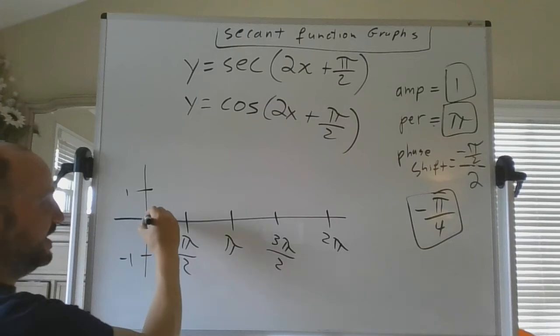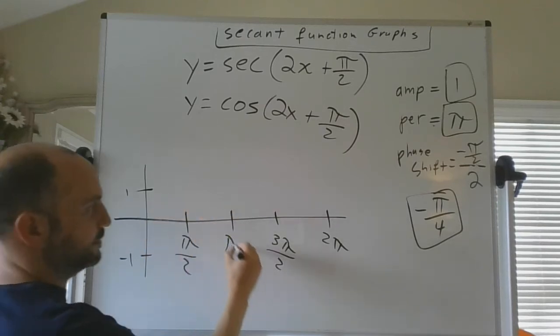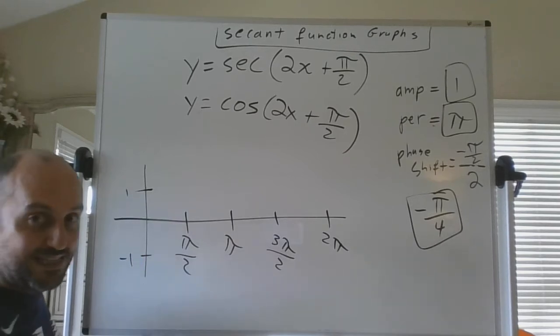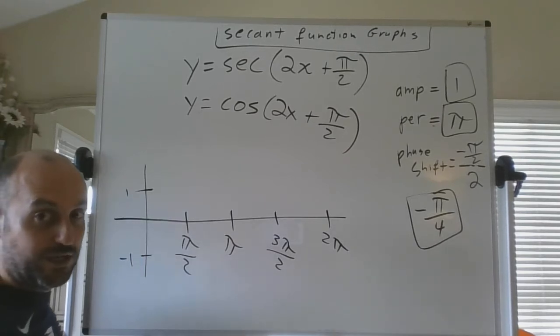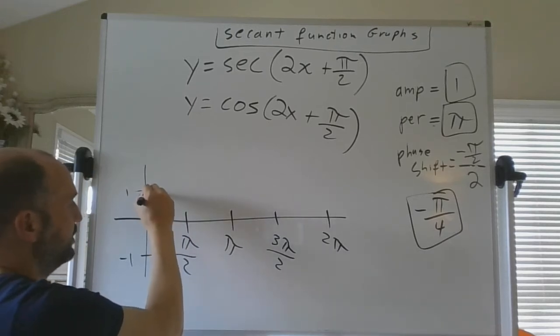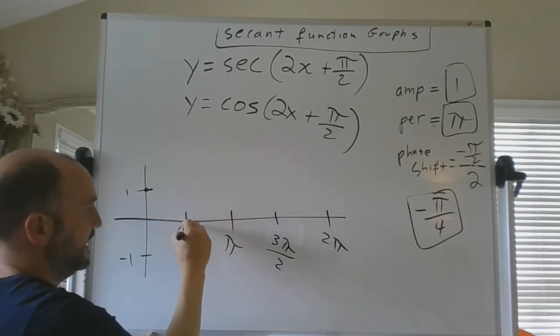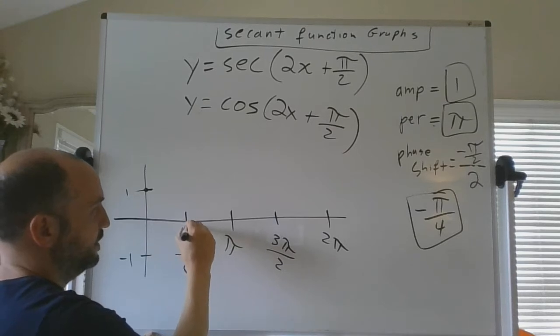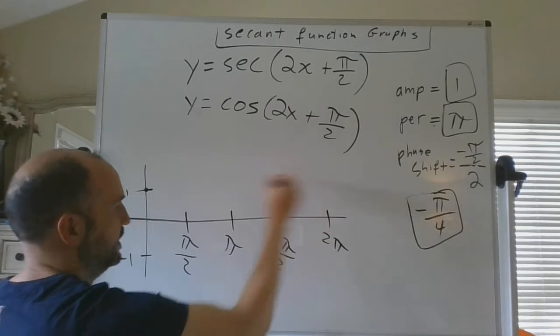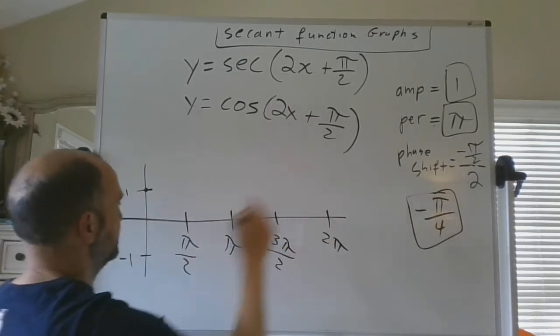If you remember, a sine starts at 0, goes up, goes down, goes up. That's what a sine looks like. In this case, the way cosine goes is it starts here at 1, goes down to pi over 2, down here, up here, up here. Cosine would go like this.